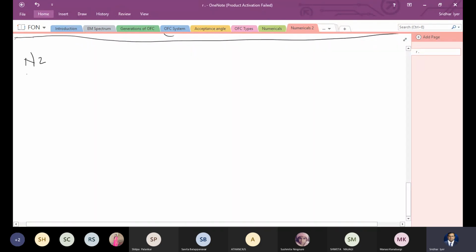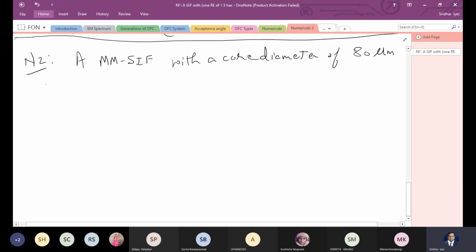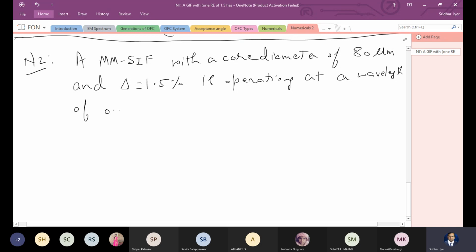So numerical 2. This is a simple problem. A multimode step index fiber with a core diameter of 80 micrometer and delta equal to 1.5% is operating at a wavelength of 0.85 micrometer.